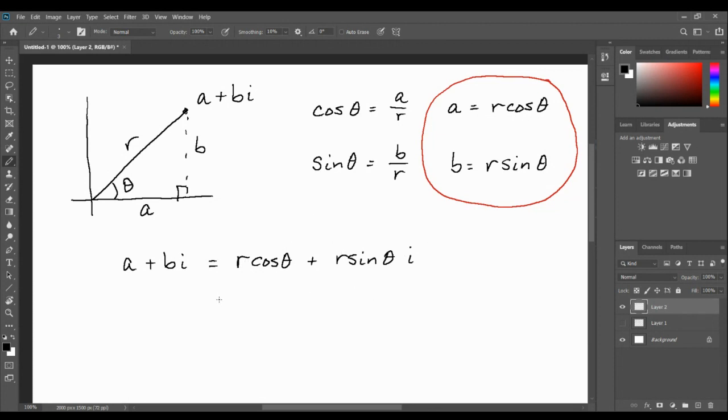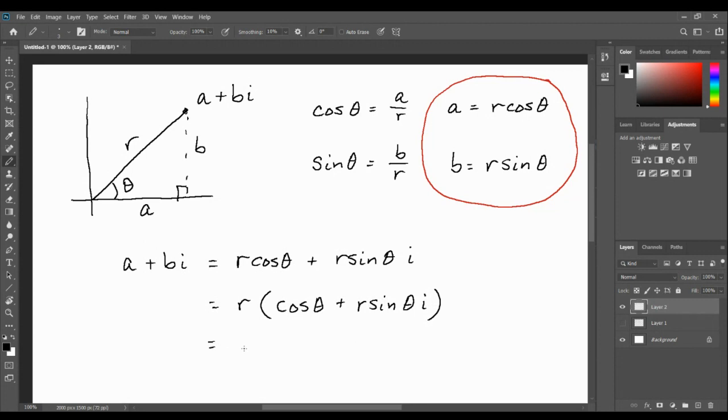I see r shows up in both of those, so I could conceivably factor that out, and get our trigonometric notation for these complex numbers.